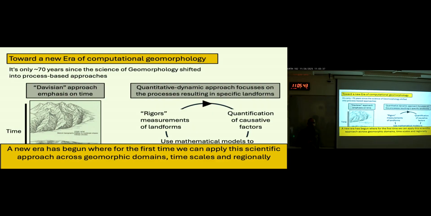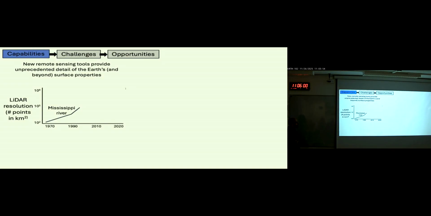We live in a very exciting era actually, because this is the first time we can apply this entire methodology over a wide range of geomorphic processes, domains, time scales, and also regionally. And this is especially because of the emergence of new capabilities. These days, we can measure near-surface properties in much better resolution than before.